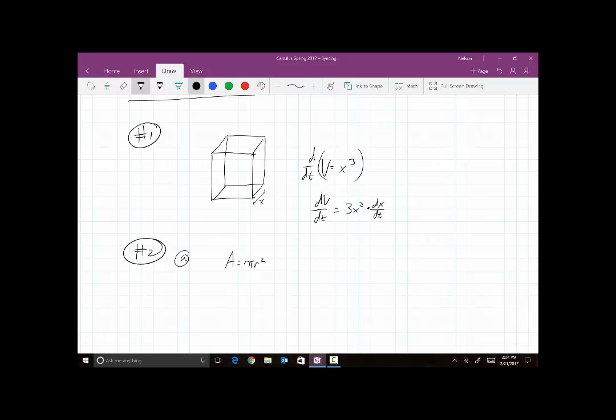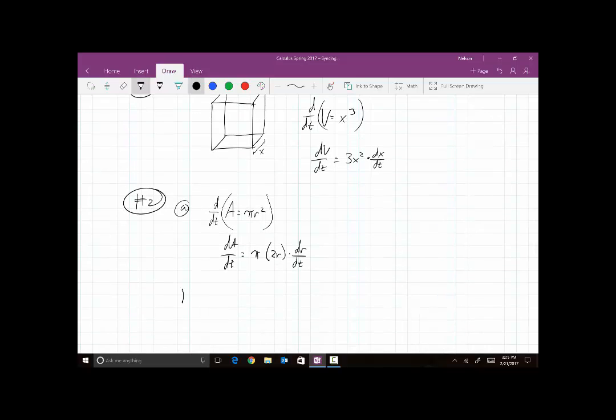That means to figure out dA/dt, we need to differentiate with respect to t. We're going to get dA/dt equal to pi times not just 2r, but 2r times dr/dt. Okay, so that's part A.